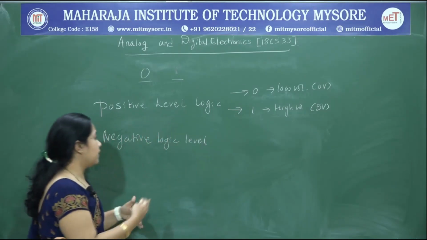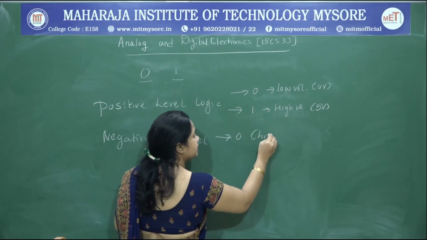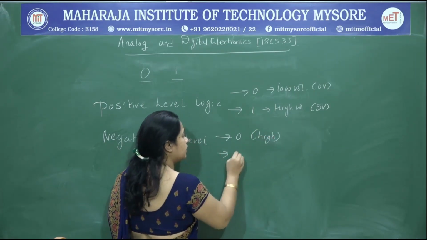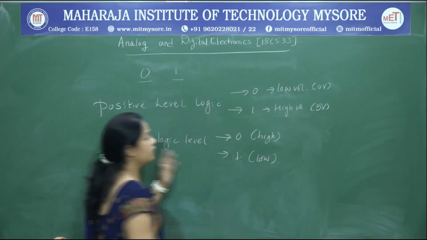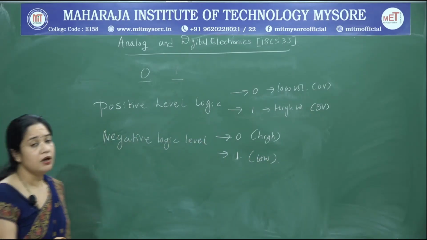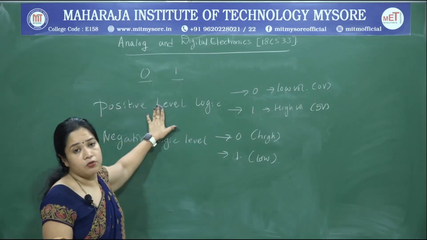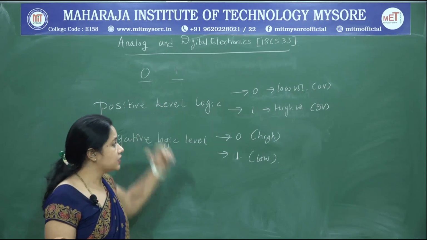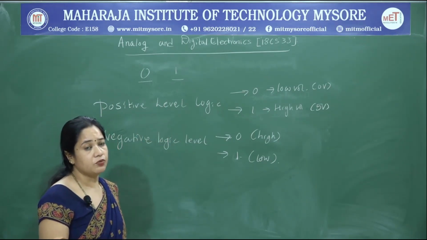If it is the other way, if you use a high voltage to represent a 0 and a low voltage to represent a 1, we call it negative level logic. But by convention, we usually follow positive level logic, wherein a 0 is represented by a low voltage and 1 is represented by a high voltage.